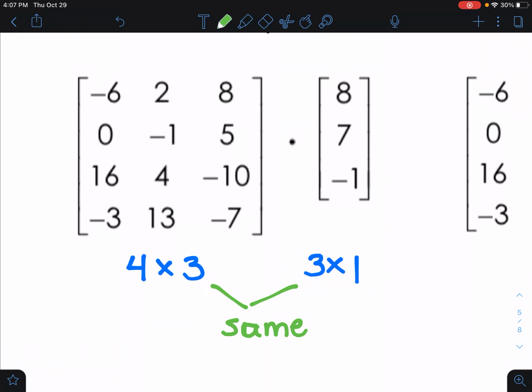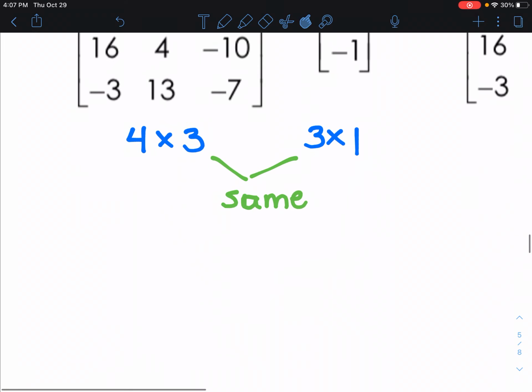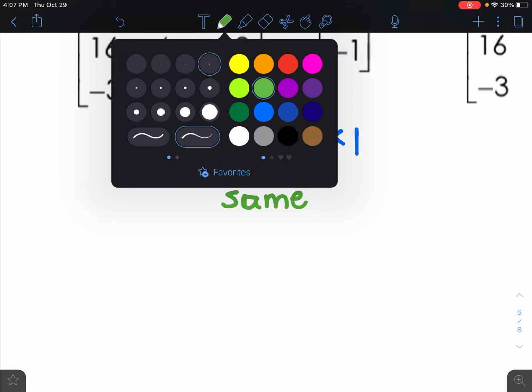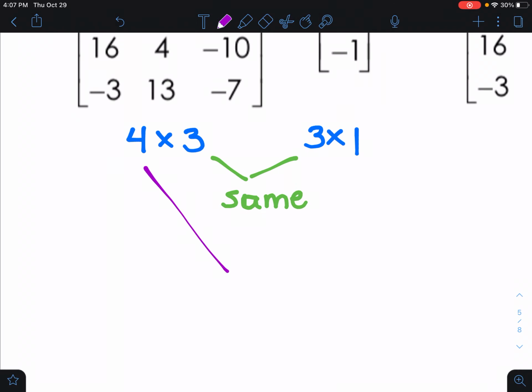So this is not like addition or subtraction where they have to have the exact same dimensions. That is not the case. Here, they just need these inner dimensions to be the same. And then the second piece is these two outside dimensions, 4 and 1, these are the dimensions of your answer matrix.